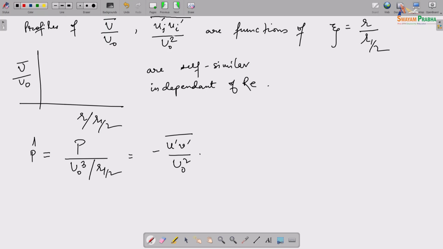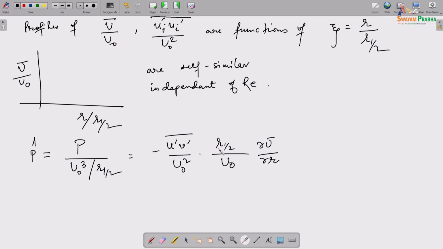This is what it means. And why am I writing it this way? The reason is that this is self-similar. So this one, if I plot against r by r half, is going to be self-similar. And r half by u naught, so this is also self-similar.